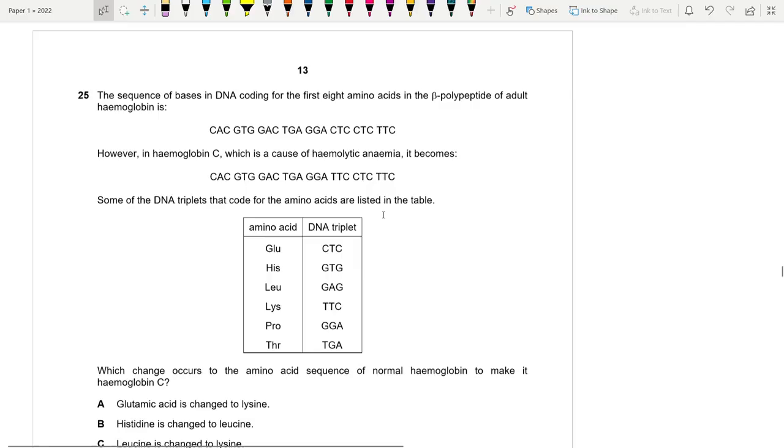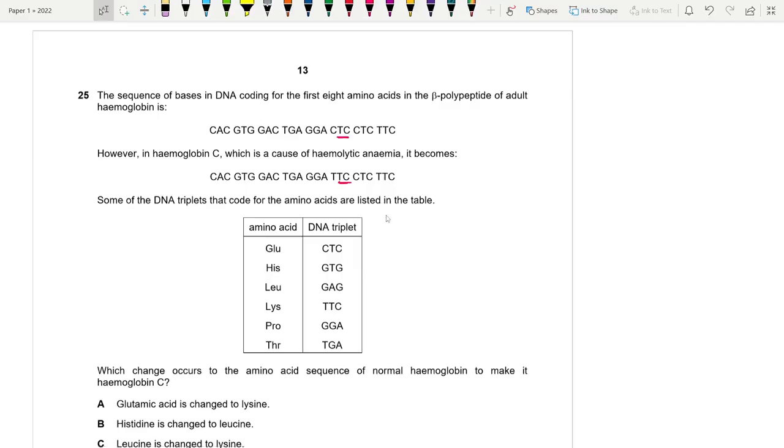25. The sequence of bases in DNA coding for the first 8 amino acids in the beta polypeptide of adult hemoglobin is shown. However, hemoglobin C is one form of hemoglobinopathies. There's a structural defect in the hemoglobin, a genetic defect which causes hemolytic anemia. What's the change really?